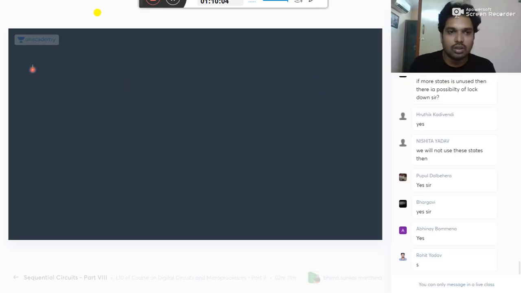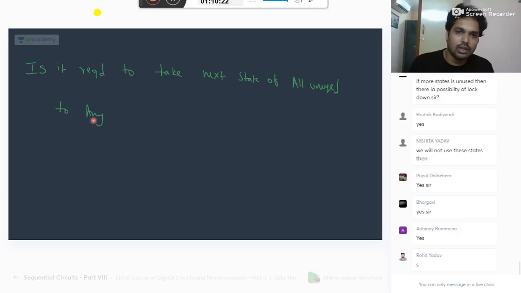First point. Is it required to take the next state of all unused to any of the used, or is it enough if we take one unused next state as used?